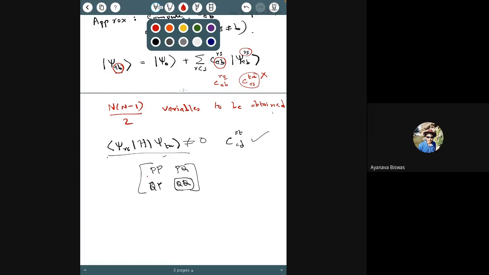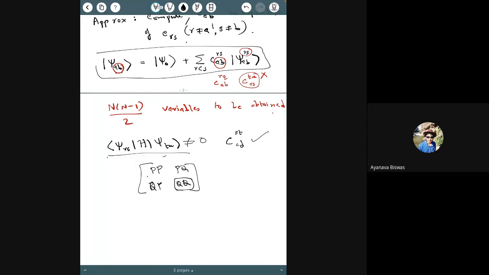So this is actually where you start the independent electron pair approximation.